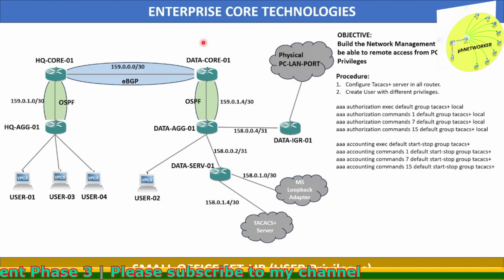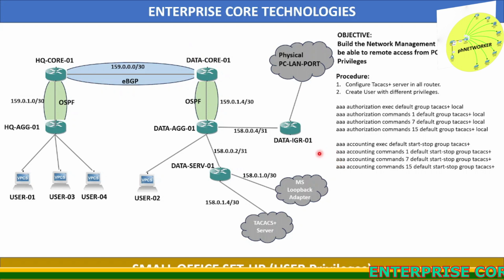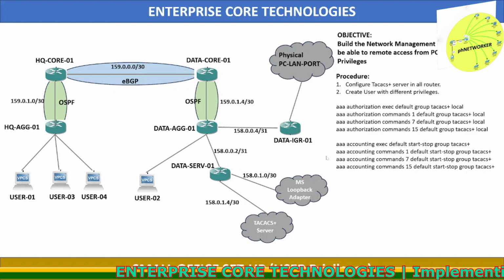Privilege level 7 can enter the privilege level, while privilege level 15 can enter the configuration or global mode. And privilege level 7 cannot enter into the configuration mode or the global mode. Also, we will configure the accounting, wherein we'll be able to log the activities of each user. Alright, so let's begin.